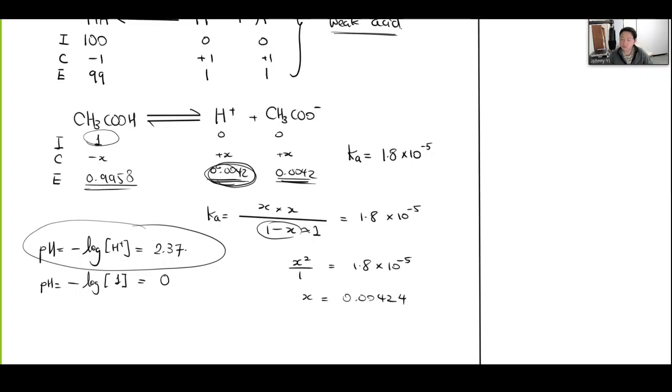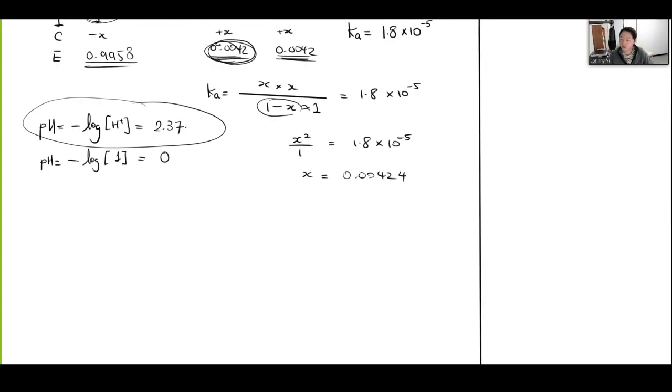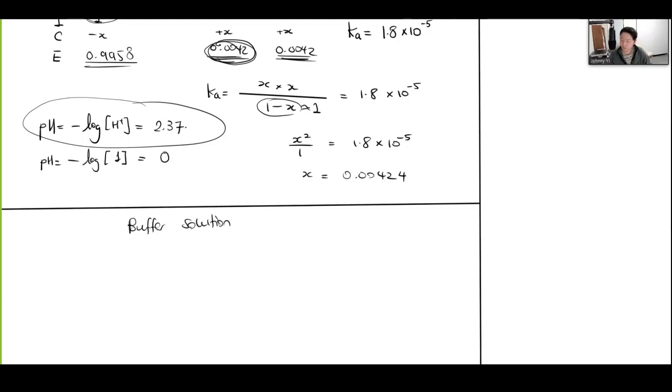Now, what is a buffer solution? That's right. But how do you make it? So buffer solution is something that resists the change in pH. Whether you put really, really strong acid into the solution, or you put really, really strong base into the solution, it resists.